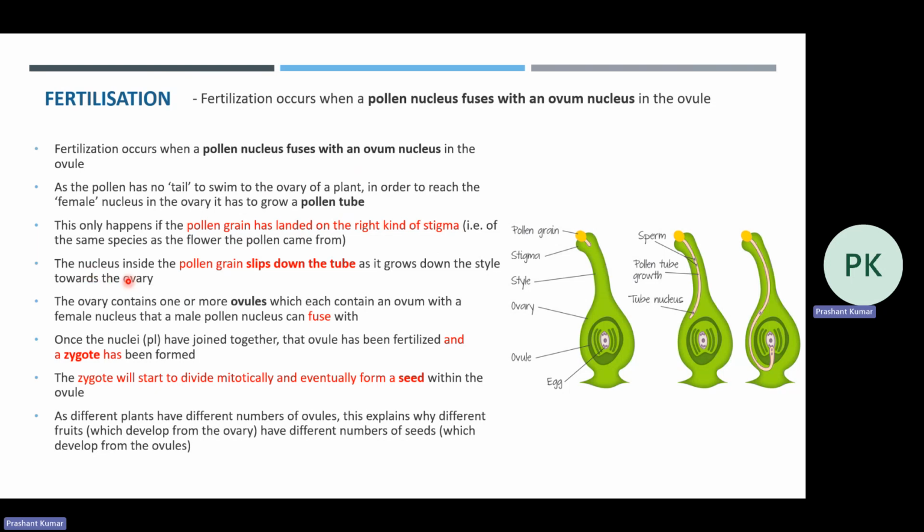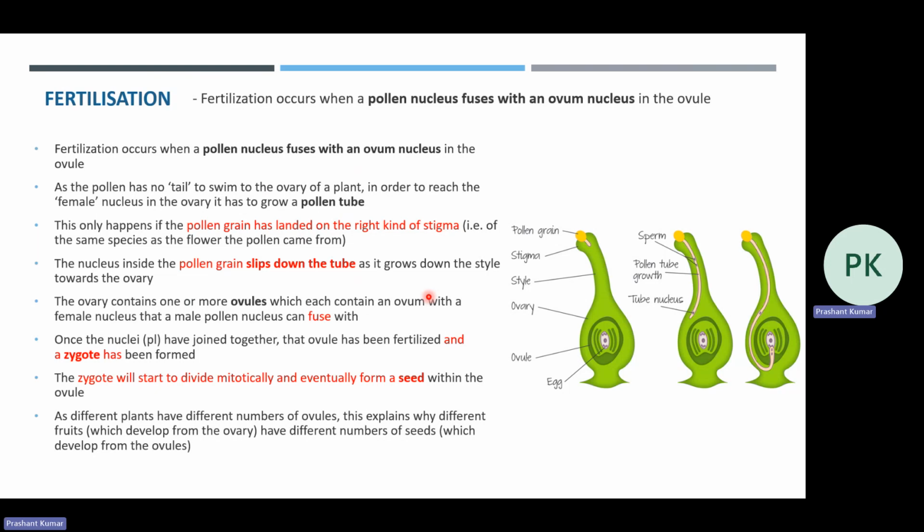The nucleus inside the pollen grain slips down the tube as it grows down the style towards the ovary, and then slowly it fuses with the female nucleus. Once the nuclei have joined together, the ovule is fertilized and the zygote is formed.